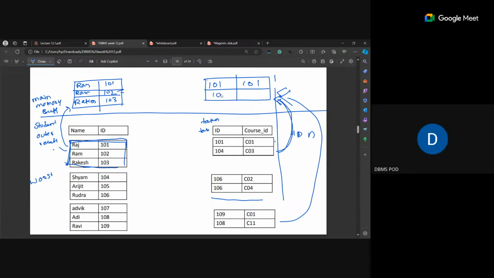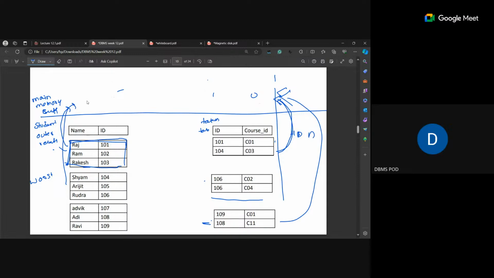In that way 103 will also be completed. After the completion of 103, this block will again move.